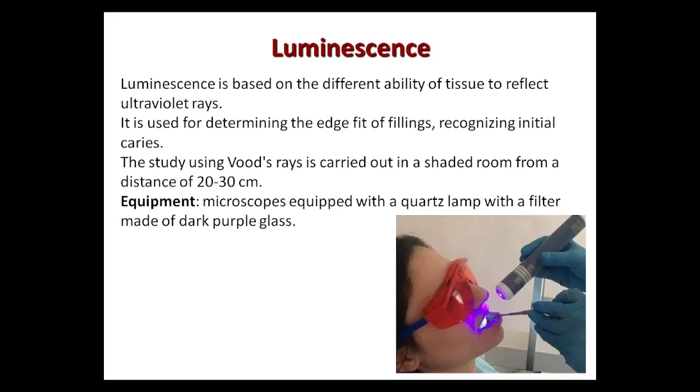The study using Wood's rays is carried out in a shaded room from a distance of about 20 or 30 centimeters. Equipment: we use a microscope equipped with a quartz lamp with a filter made of dark purple glass.